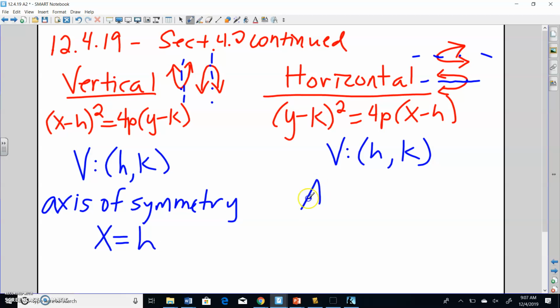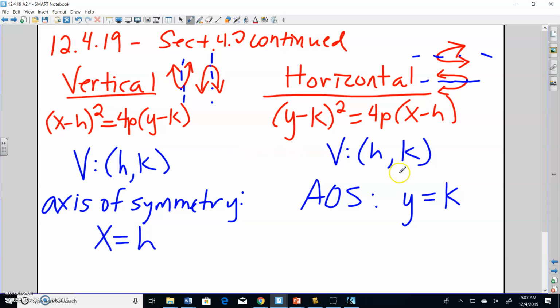On the horizontal, it's the line y equals k. And so we can find points and just flip them over that line. That's how we will be able to help plot some points for our parabola.